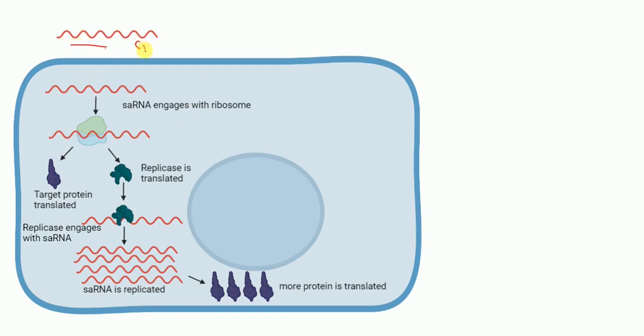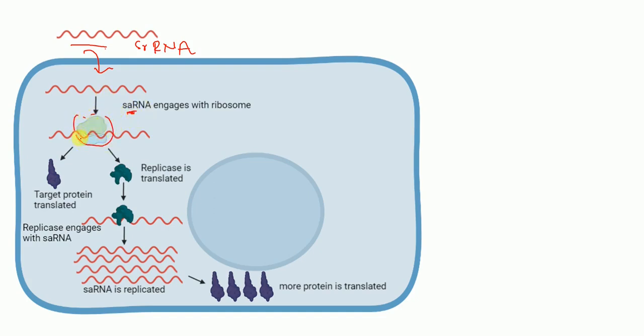This self-replicating RNA goes inside the cell, and in the cell it engages with the ribosome, because the ribosome is the one that does the protein production. The ribosome is the machinery in the cytoplasm of the cell that produces protein from our RNA. So here the engagement happens.